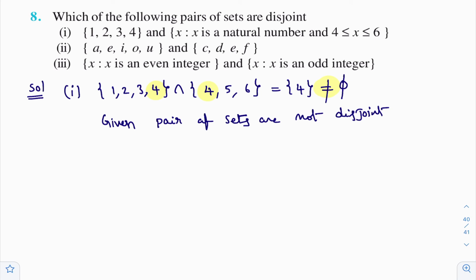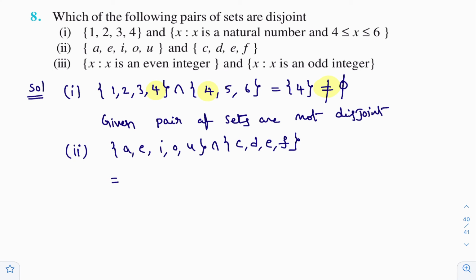Okay, now we will move to the second bit. What is the second bit? Look here, A, E, I, O, U, and both the sets are in roster form only. So calculating this is very easy. A, E, I, O, U is the first set, intersection. Next, what is the second set? C, D, E, F. You do the intersection of these two sets. What will you get?